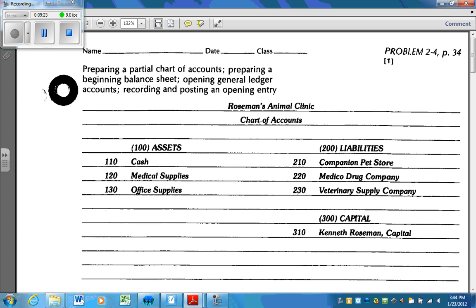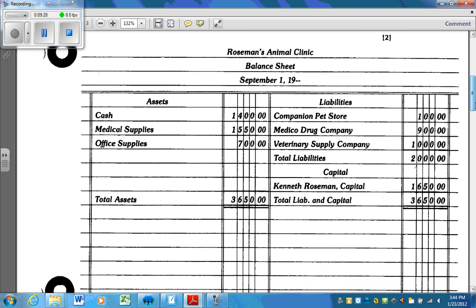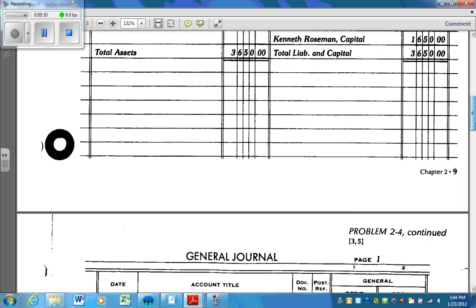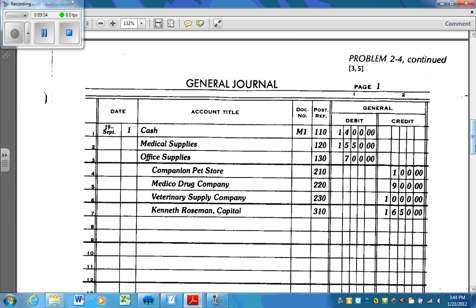Okay, so you see there's a chart of accounts. There's your balance sheet, we've already talked about. There's your general journal. From this point, you're going to take everything and you're going to make a ledger account for cash, medical supplies, office supplies, or whatever your assets, your liabilities, your capital are.